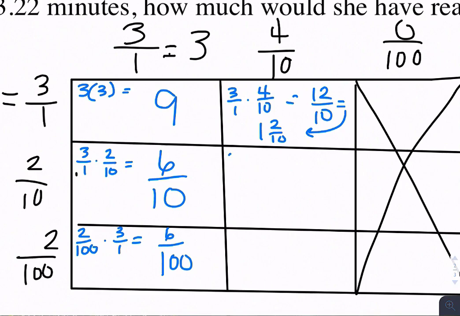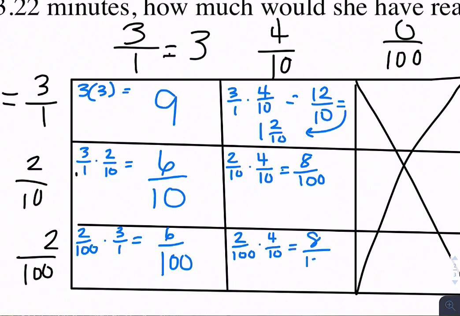And then here I have 2 tenths times 4 tenths, which is 8/100. And then here I have 2/100 times 4/10, and I get 8/1000.